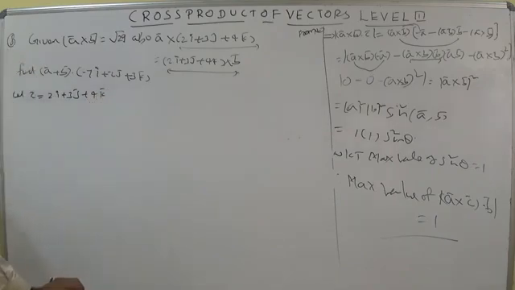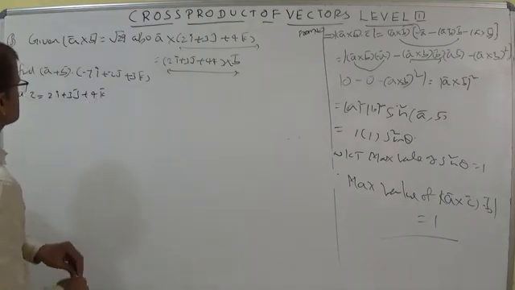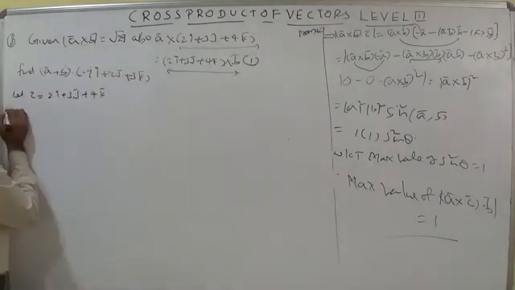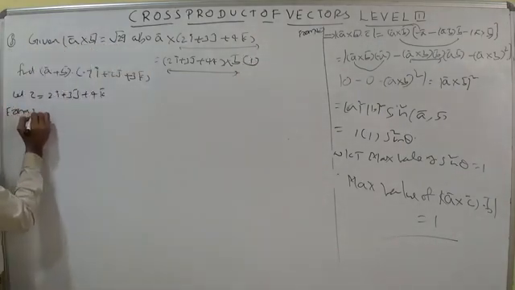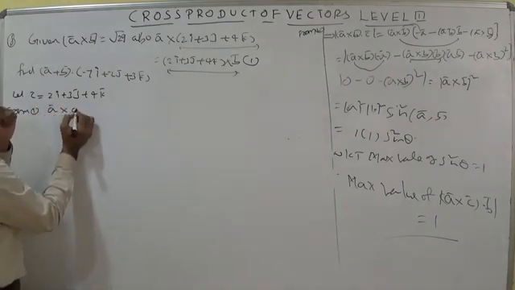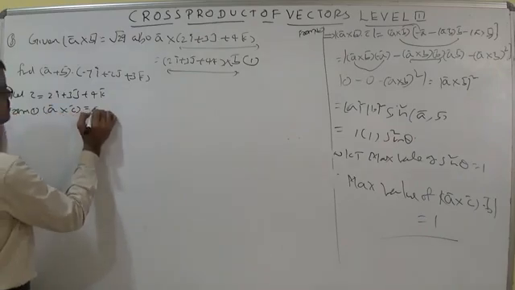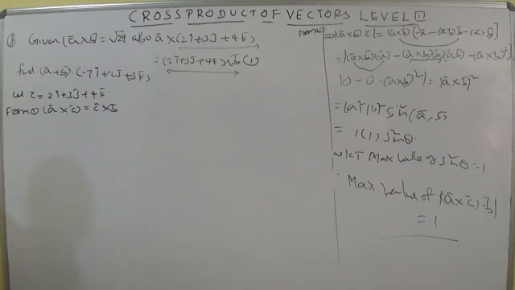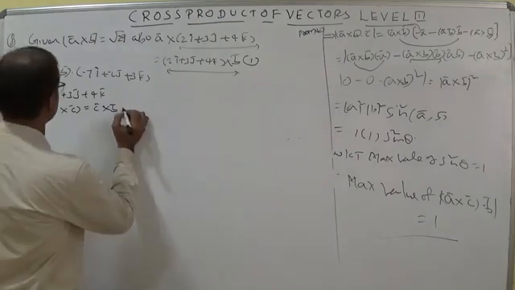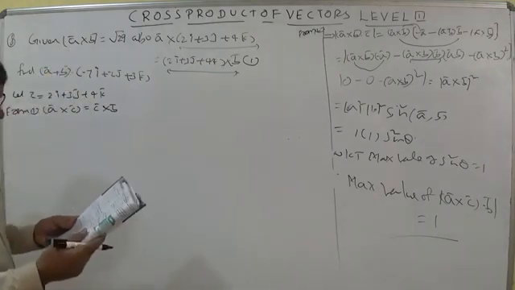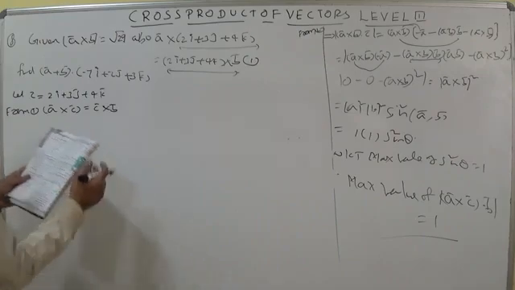Using the given condition, let it be 1, I am writing here from 1, A cross C is equal to C cross B. Now we should calculate what he given.